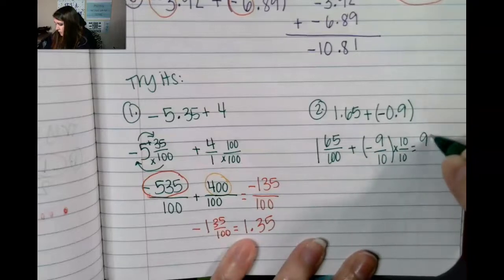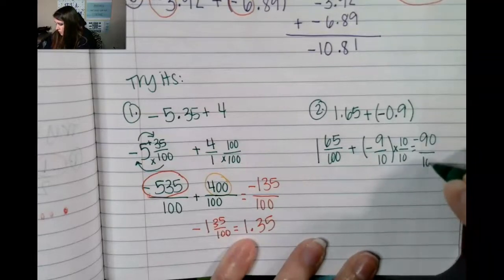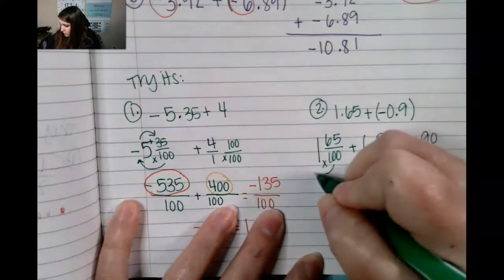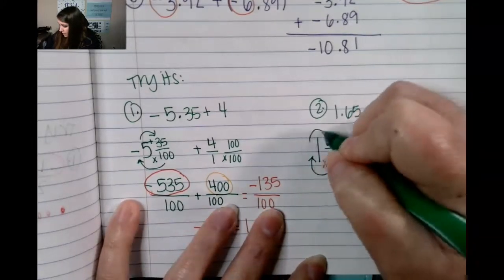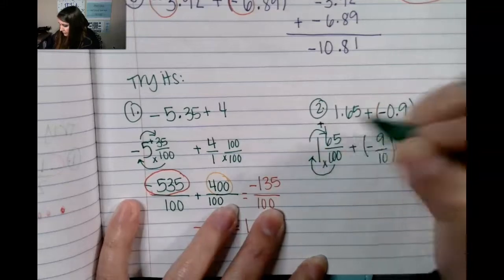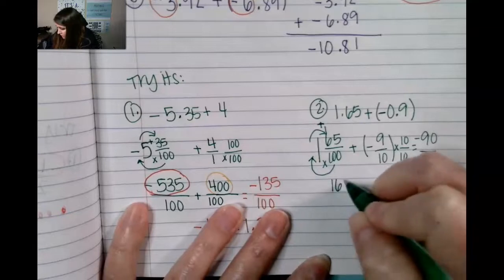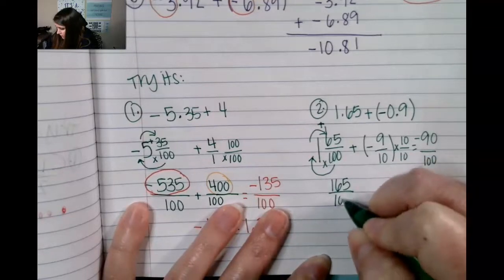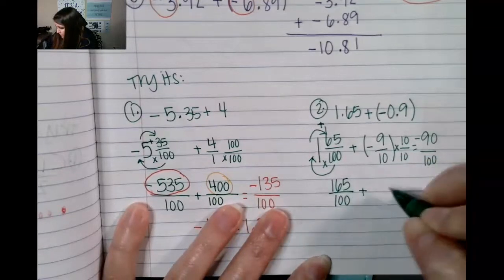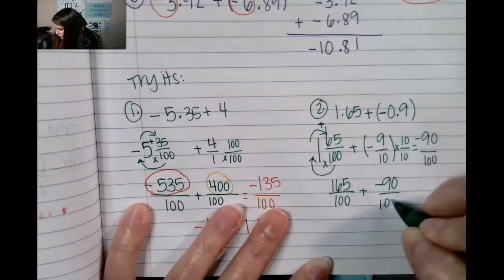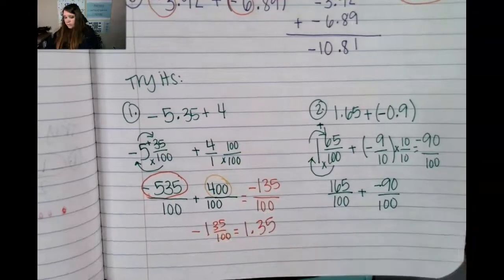So that gives me 90/100. Okay, so now, and then over here, I'm going to add, or multiply, and then add. So 100 plus 65 is 165/100, plus a -90/100.